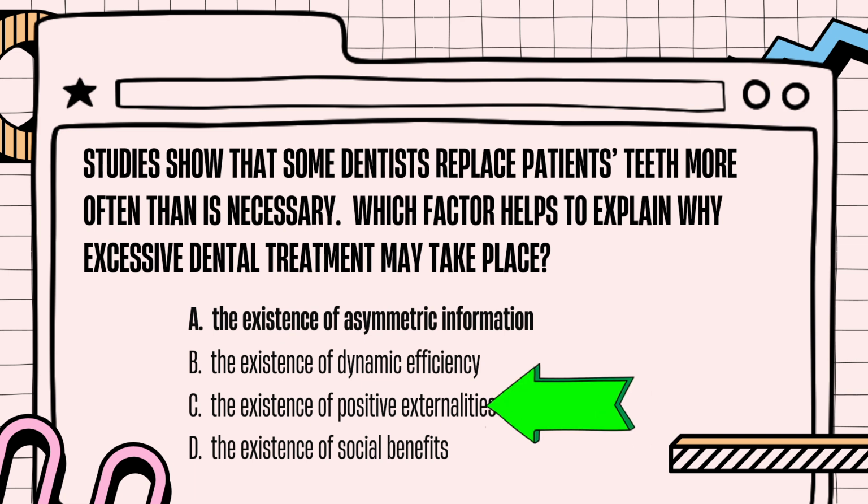Letter C is no, because positive externalities occur when a third party benefits from a transaction that they are not directly involved in. And this concept does not explain why dentists might perform unnecessary treatments. Letter D is no, because social benefits are the total benefits to society from a particular action, including private and external benefits. So this concept does not explain why excessive dental treatment might occur.